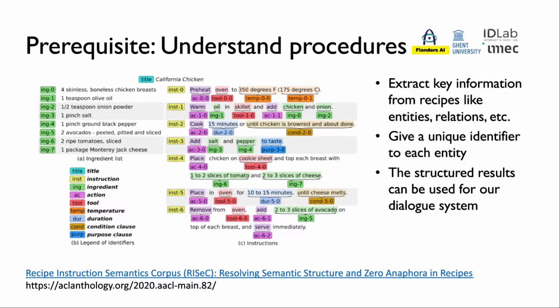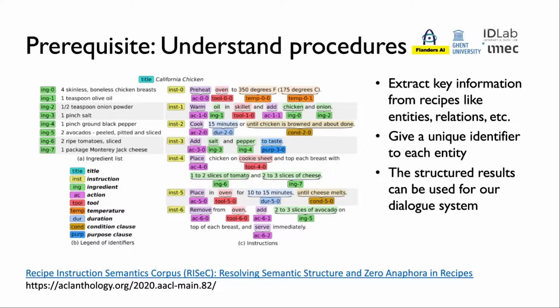But before we start to design such a dialogue system, there is an important prerequisite. That is to enable the conversational assistant to understand the procedures. The first step we take is to build an automatic parsing system of the procedural documents that can identify the entities such as ingredients, temperature, or tools, as well as the actions performed on these entities.